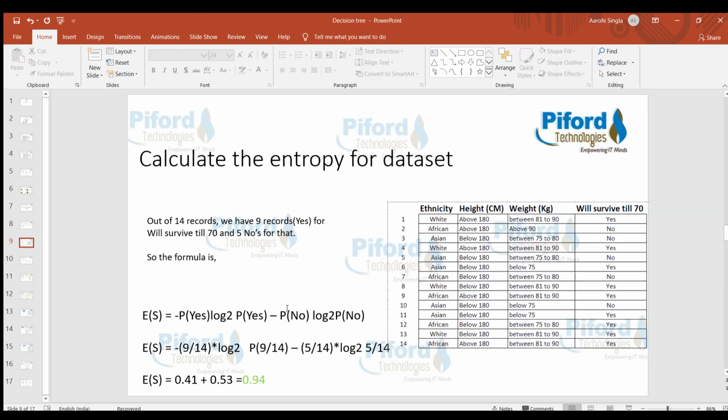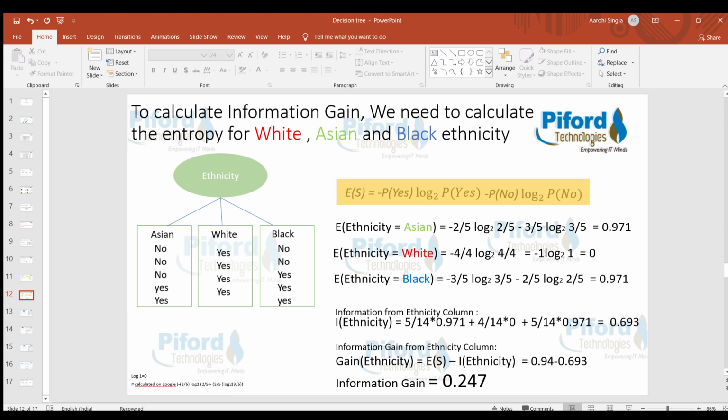Here, we have calculated the entropy for the dependent column. So from this value, entropy of samples 0.94, minus the information of the ethnicity column will give you the information gain of this particular column. This is how you can calculate information gain for every column.